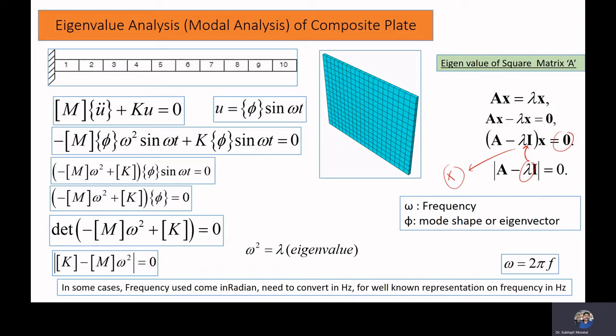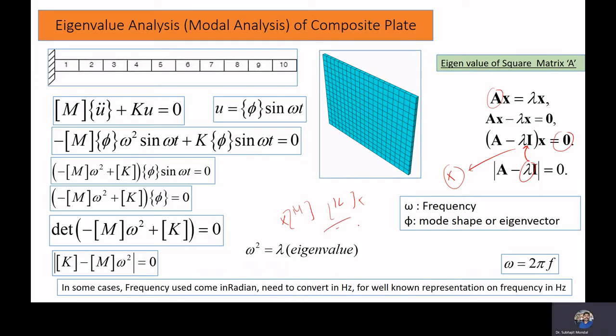Now the problem here was that we deal with two matrices instead of only one, that is, the mass matrix and the stiffness matrix. So here also we find a common eigenvector. When it operates on the mass matrix and the stiffness matrix, it gives the same eigenvector along with some multiplication constant.